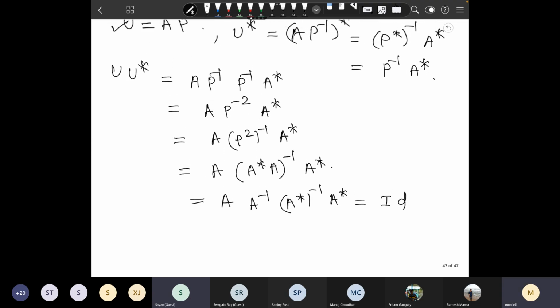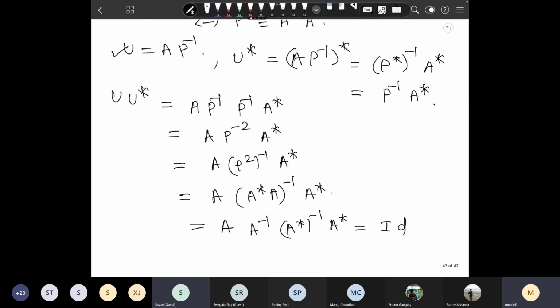Now I have shown that this square map P going to P square is a homeomorphism on the space of positive definite matrices.